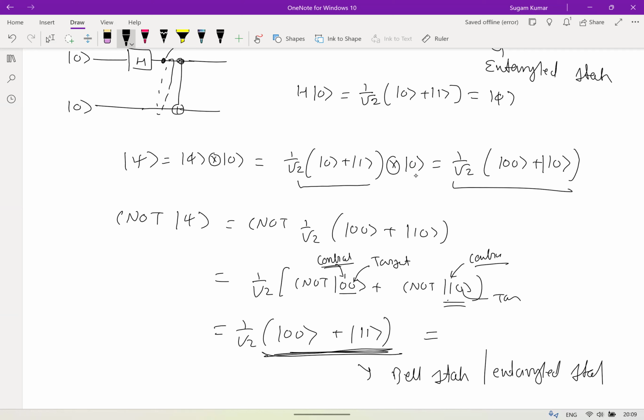You can express this state as 0, 0 and 1, 0 in combination. This is not a Bell state because you can express it as the tensor product of two basis states, correct? One is the plus, another is the 0. But you cannot do that here.